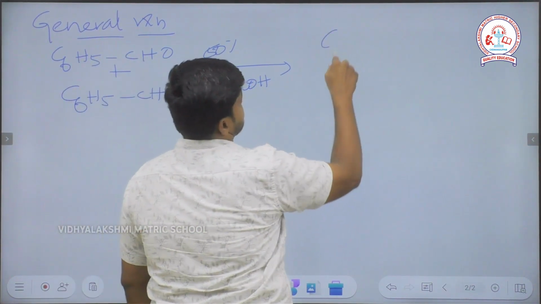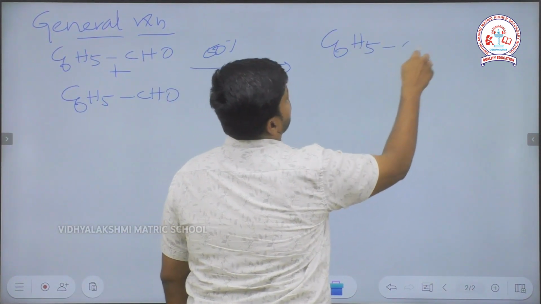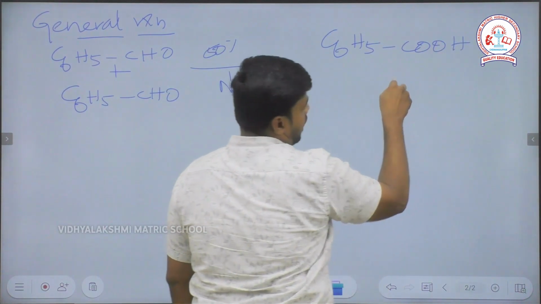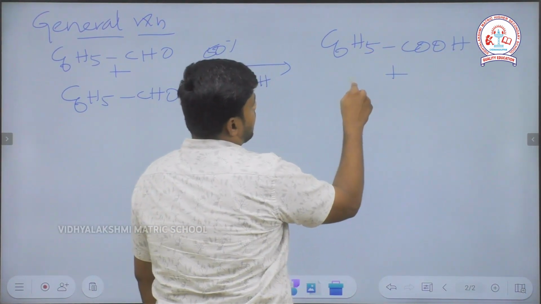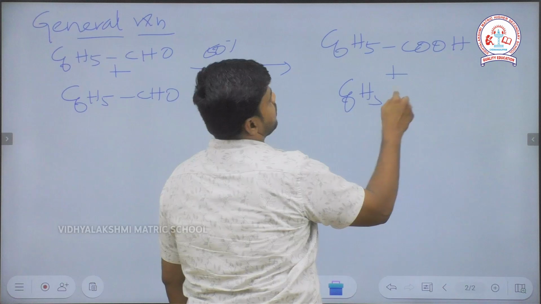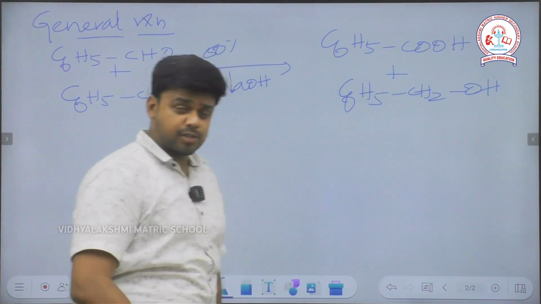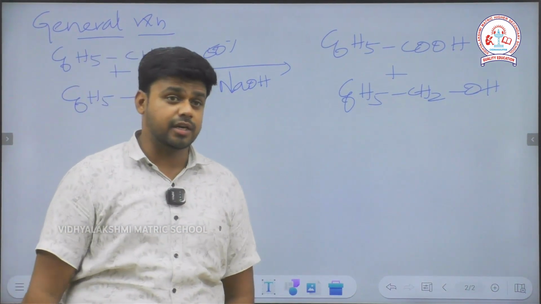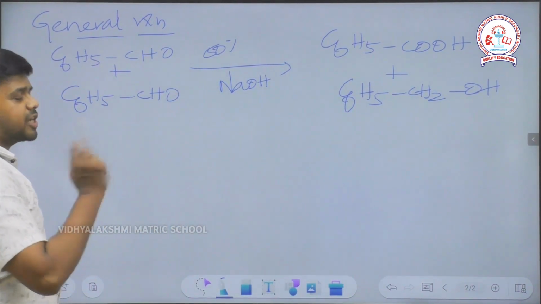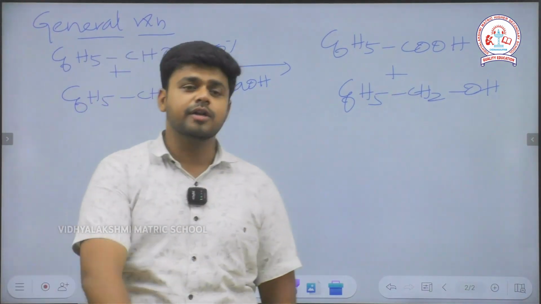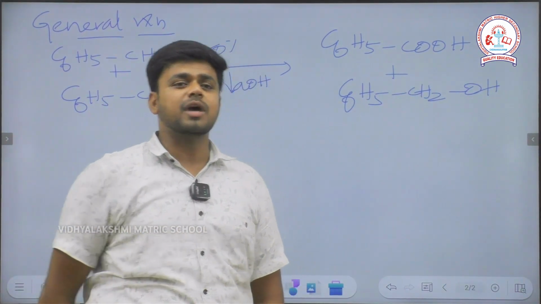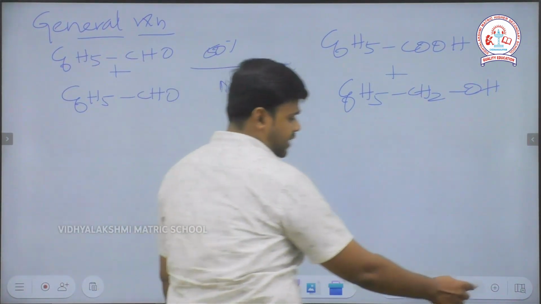The products are benzoic acid, or the sodium salt, sodium benzoate, and benzyl alcohol. This reaction has to be specified by writing the general reaction. If you write this general reaction by mentioning the names of the reactants and products, you will surely get 2 marks. Then the rest of the 3 marks will be for the reaction mechanism.